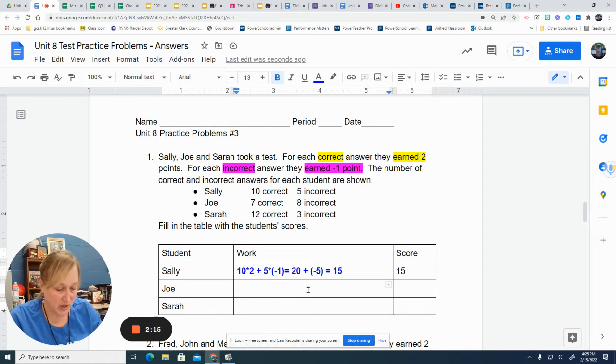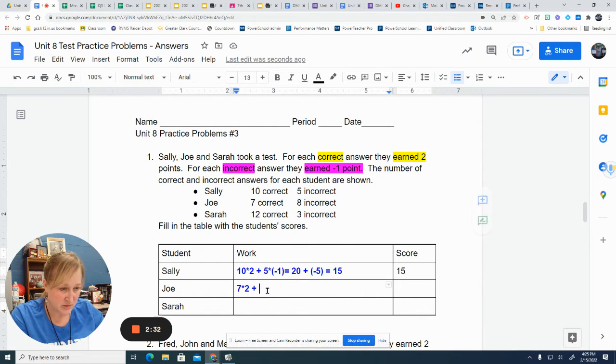All right, Joe got 7 correct, and he gets 2 points for each time he did that. So 7 times 2, he got 14 points. I'm going to add, he got 8 incorrect. We see that right here.